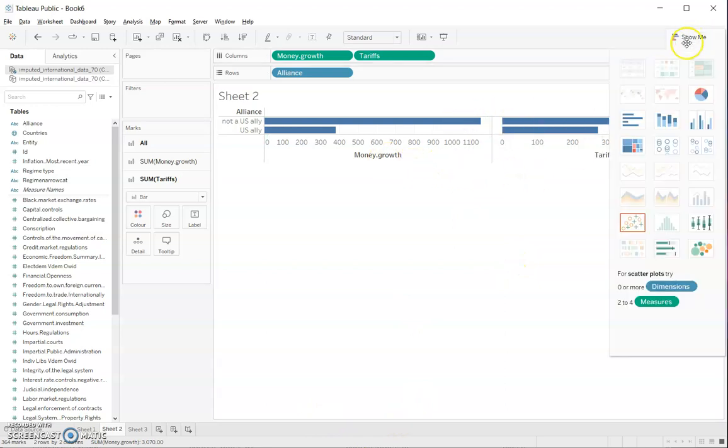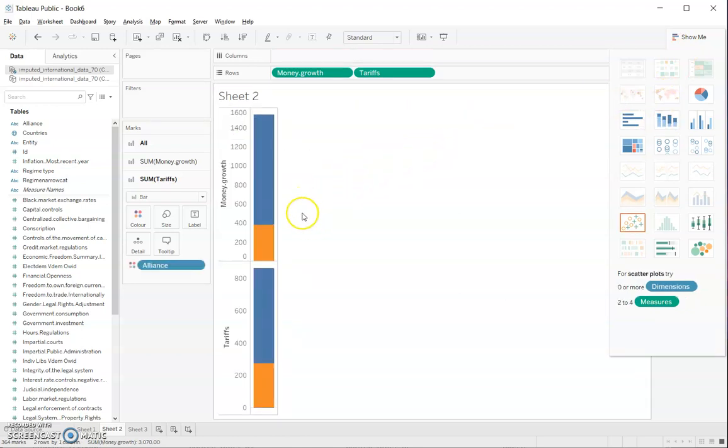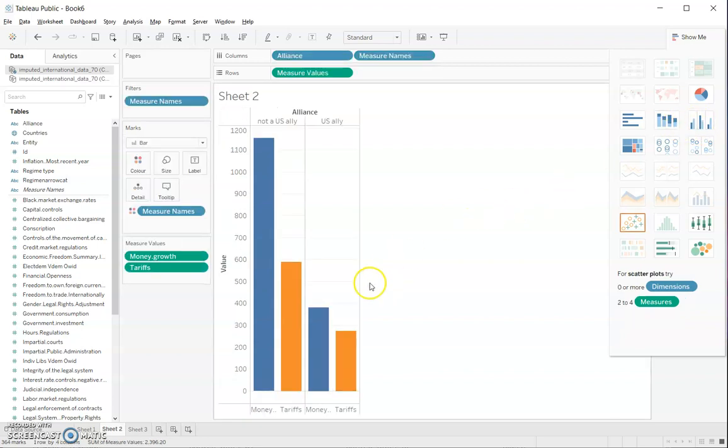See, money growth, tariffs, not US ally, US ally. So we just have different colors to separate them. But of course, we don't use aggregate values this time. Otherwise, it's going to be meaningless.